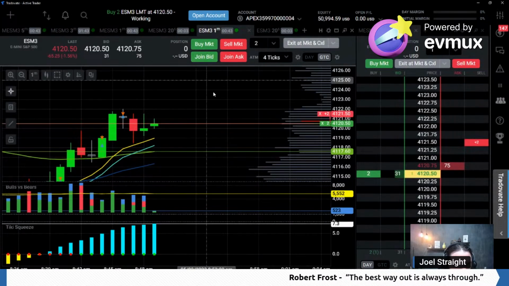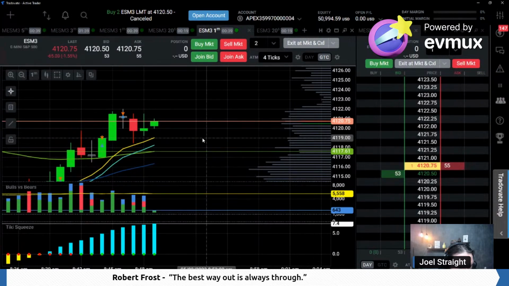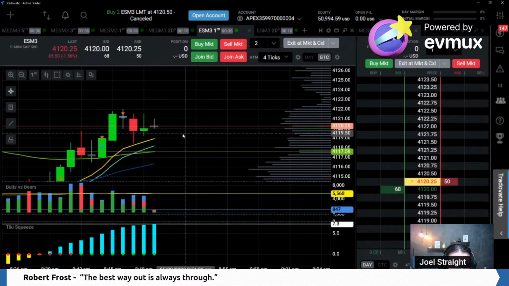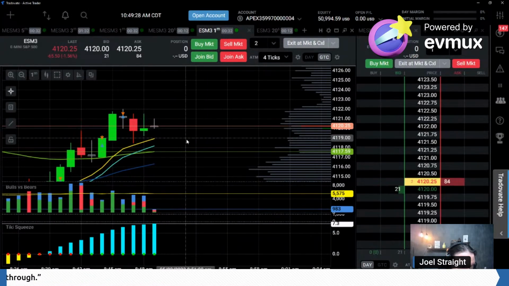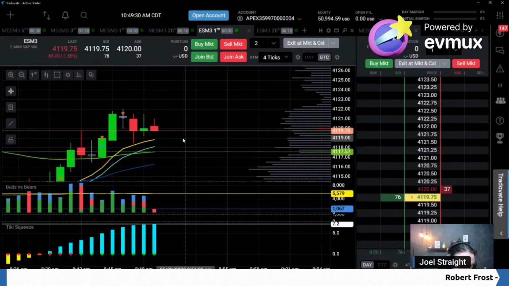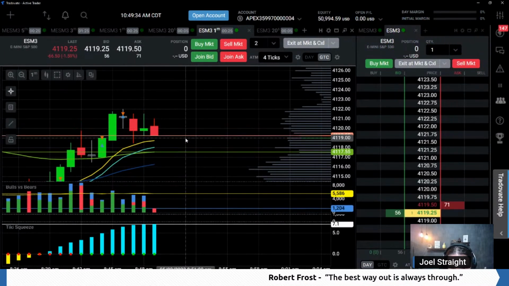Join the bid off 20 point. Actually, I don't like that trade. I was going to join the bid off 20 and a half and then take it up, but actually I was looking at where the 9 is and what this is doing. I figured that this might actually pull back to about the 9, just like 19 area.